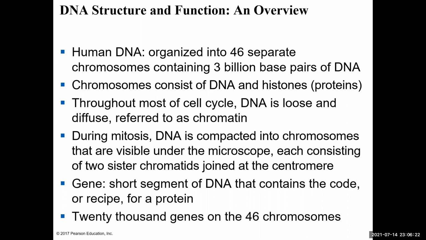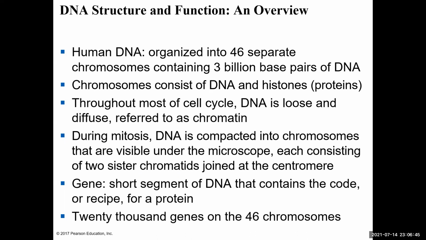Now, these chromosomes are made up of DNA that is wound around proteins known as histones. And then they will condense down and create the chromosomes. When the DNA is loosely configured in the nucleus, it's referred to as chromatin, right?